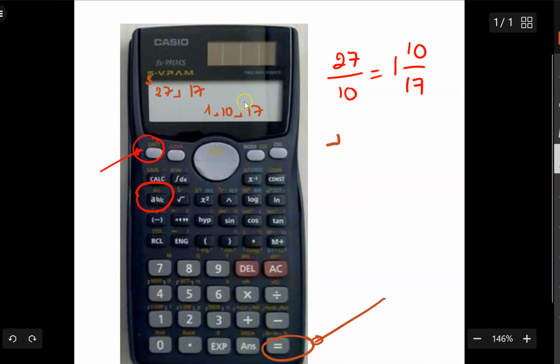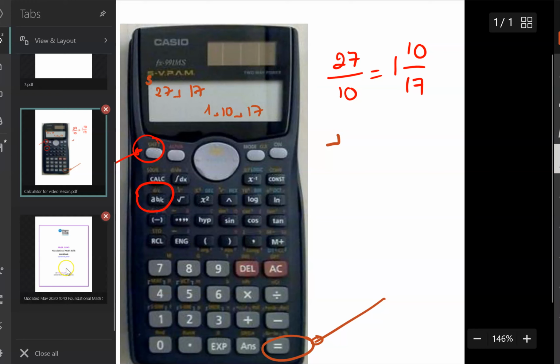That's how you master the concept of mixed numbers and improper fractions using the calculator instead of trying to do the long division. Most calculators will have this feature, so you just have to play around with it. Okay, so let's get back to our handout.